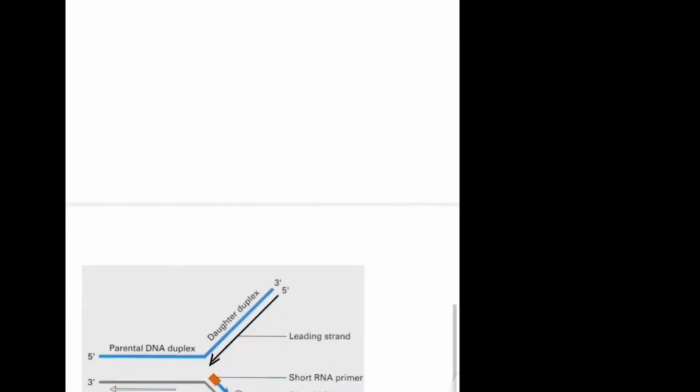DNA polymerase 2 resembles DNA polymerase 1 in its activity, but is a DNA repair enzyme, bringing about growth in the 5' to 3' direction. So what you should understand here is that DNA polymerase type 2 is actually a repair enzyme.